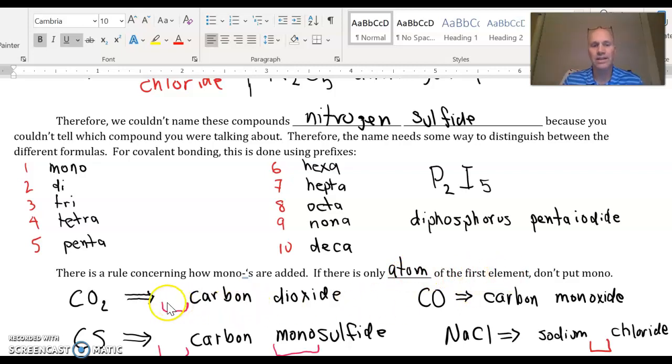All right, and a classic example of that is something that we're very familiar with, which is CO2. All right, the name for that is carbon dioxide. Notice that it's not monocarbon dioxide, and that's because the thing that you have a single atom of is the first element that's mentioned, or the first atom that's mentioned in the formula. All right.